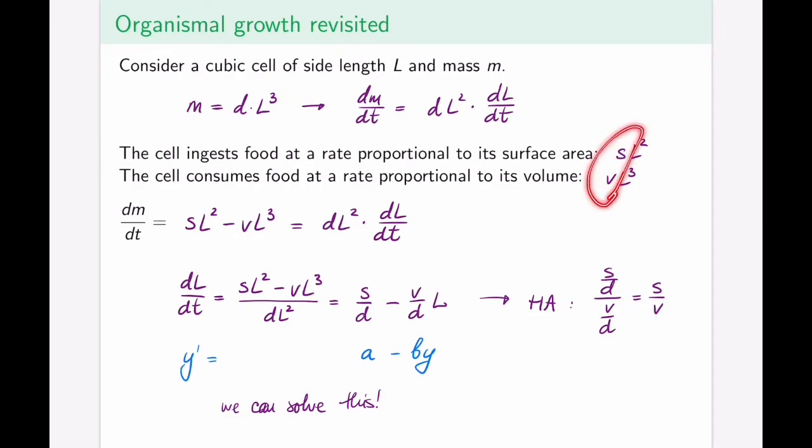These two constants are what decide the limiting size of the cell that it can possibly approach as it grows.